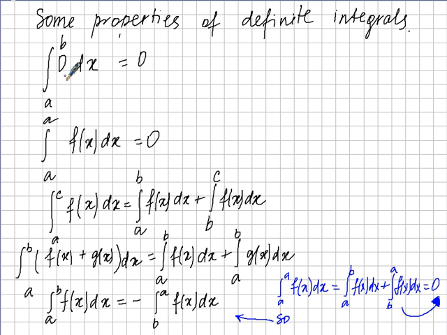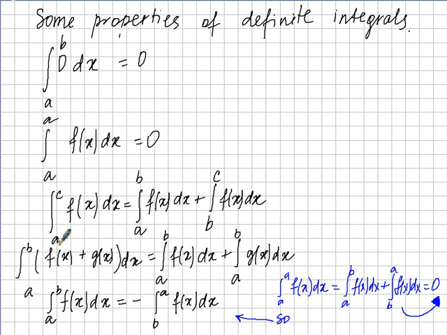This fact is really useful when it comes to very complicated integrations. Another fact is that the integral of f of x dx from a to a is going to be 0, because if there is no length, there will be no area at all.